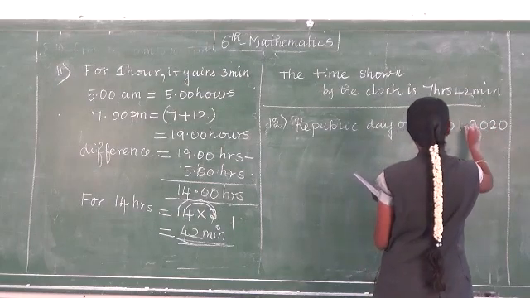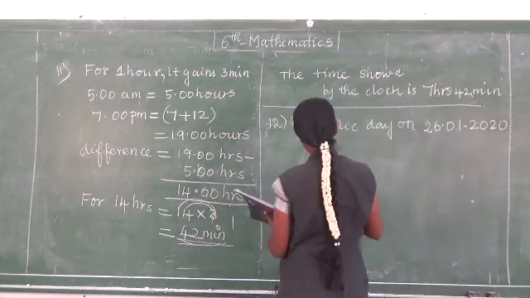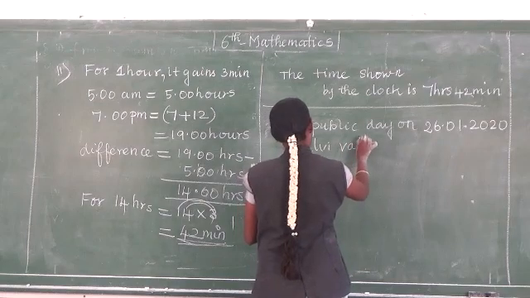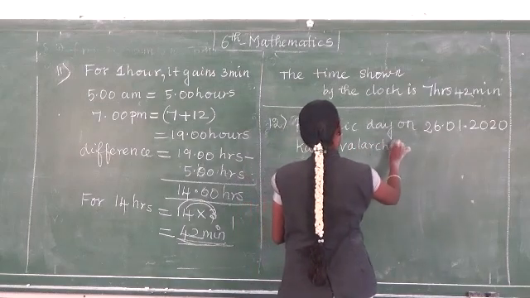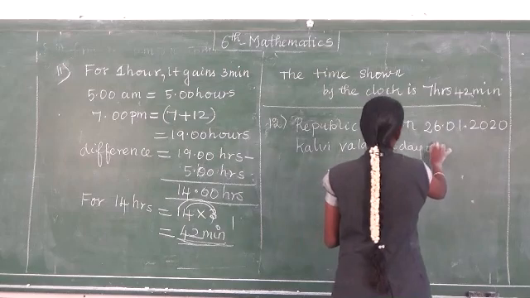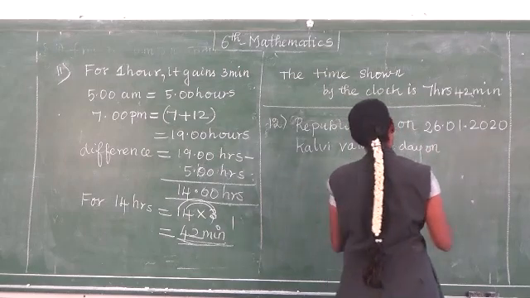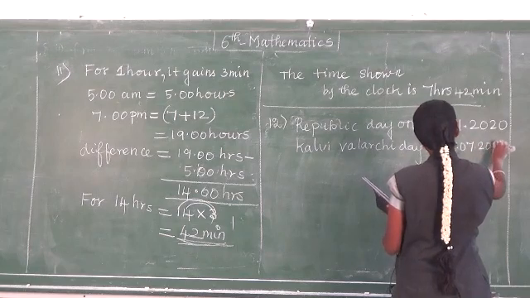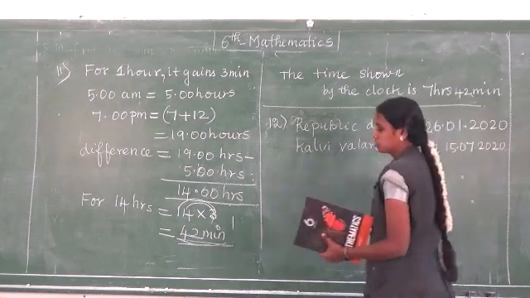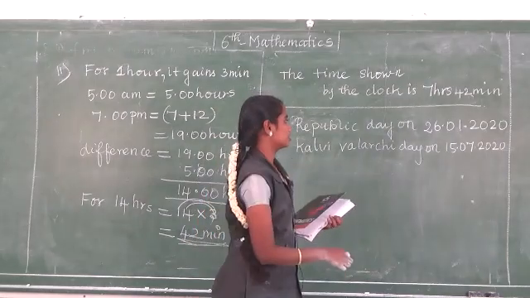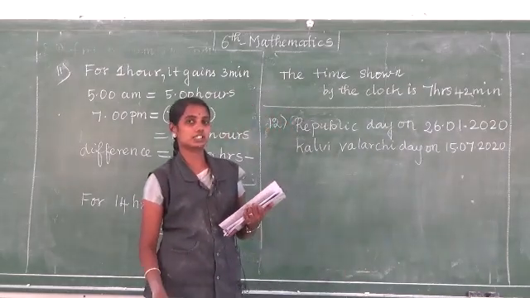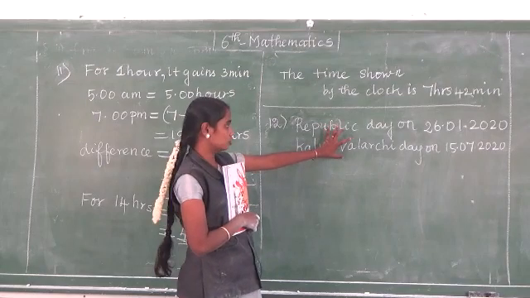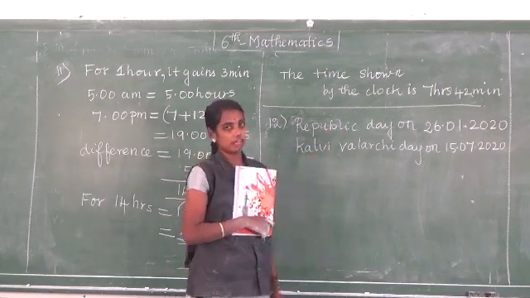Just for this year I am calculating. Then Kalvi Valarchi Day on 15/7/2020. So now from this only we are going to find out the difference days. What is the difference between these two days, Republic Day and Kalvi Valarchi Day?